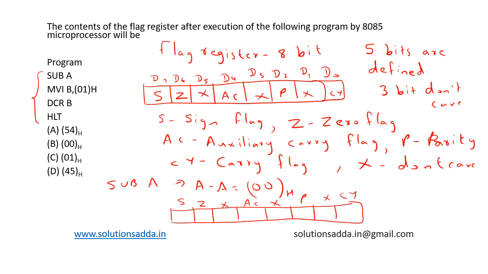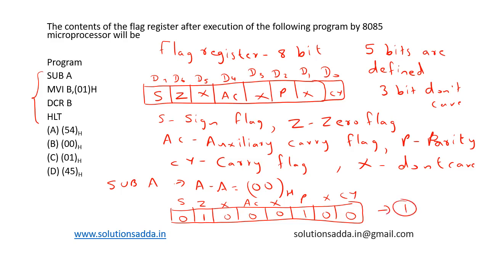So the sign would be positive, so 0. Z is 1, so zero flag is set. Then this is don't care, so we are assuming it as 0. Then auxiliary carry flag is not set. This is don't care. The parity flag is set. This is don't care. And the carry flag is also not set. This is the basic condition after first operation.